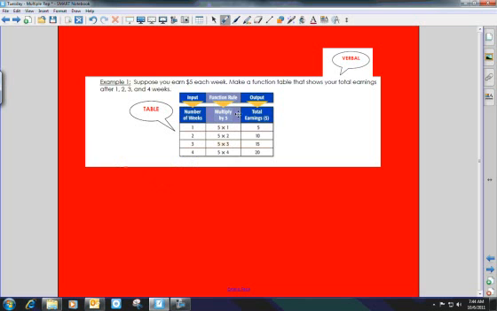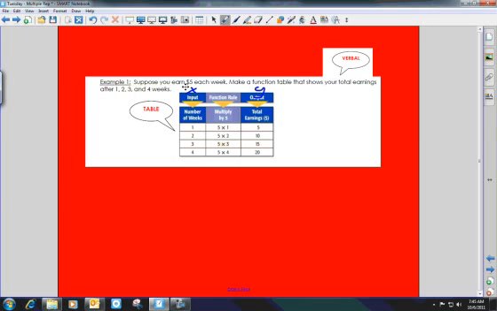All right, here's an example of the verbal and the table portion of a multiple representation problem. Verbally, it says, suppose you earn $5 a week. Make a function table that shows your total earnings after weeks 1, 2, 3, and 4. So we have our input, which is our x, our function rule, that's our process, what we're doing to solve, and then y is our output.